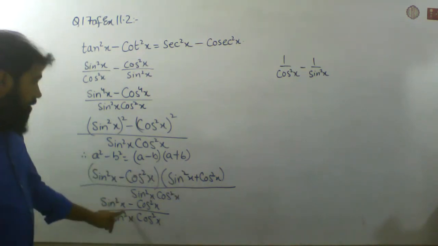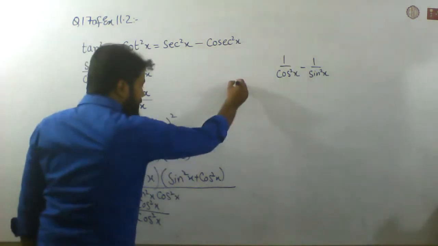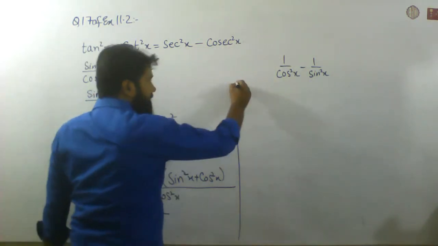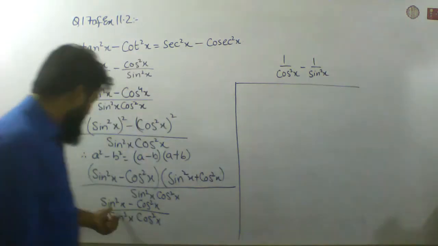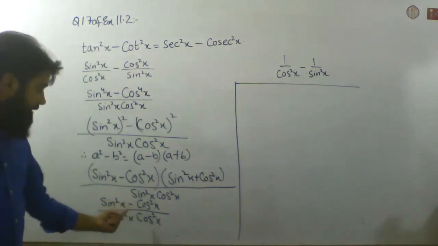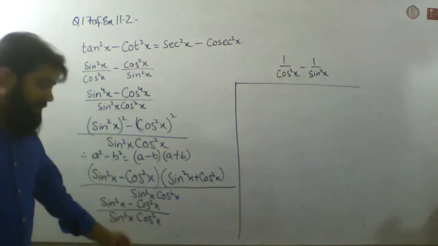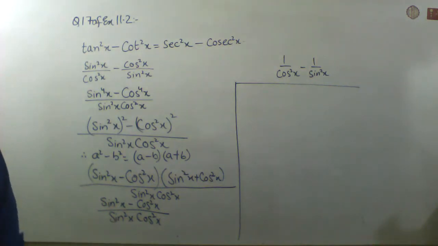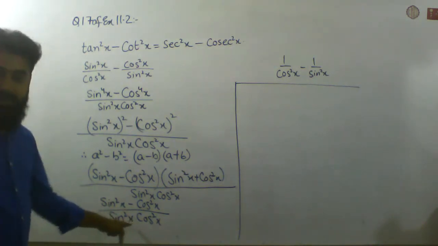Now coming to this one, what am I going to do over here? See, sin square x minus cos square x upon sin square x cos square x. I am going to break my LCM.